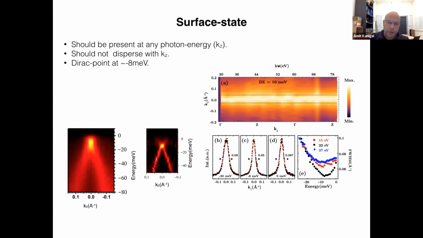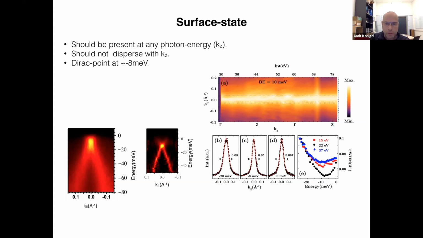In the raw data, it's very hard to see this Dirac cone, but just by taking the second derivative, you can see that indeed there is a faint Dirac cone-like feature just lying on the top of this alpha 1 band.